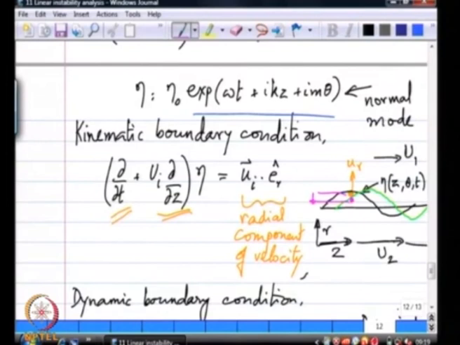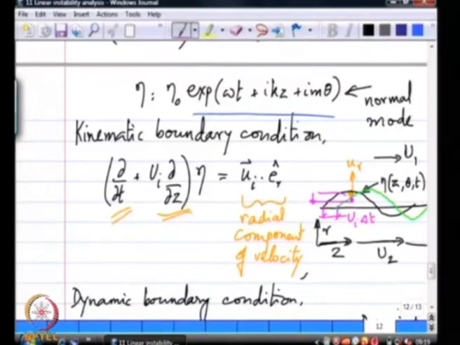Now, the rate of movement: this wave itself has moved a distance ui times delta t. So, if I took the material point as I have shown here just inside the interface, inside the jet, then that wave is being advected with a velocity u2, which is the jet fluid velocity.